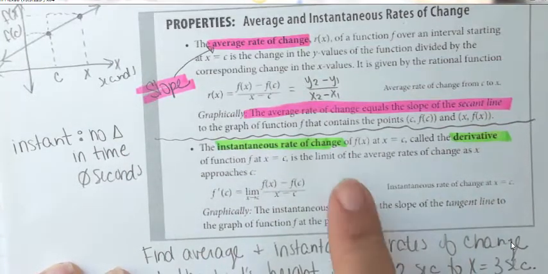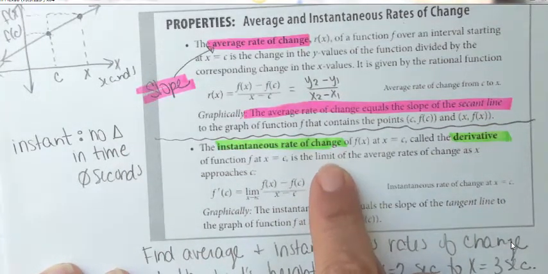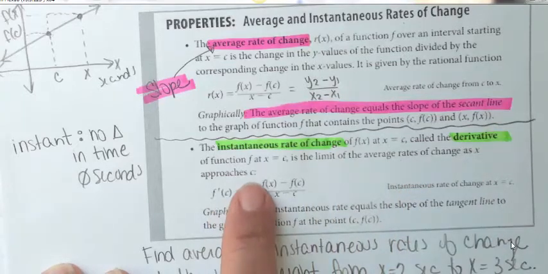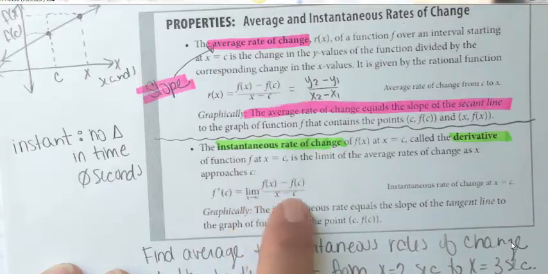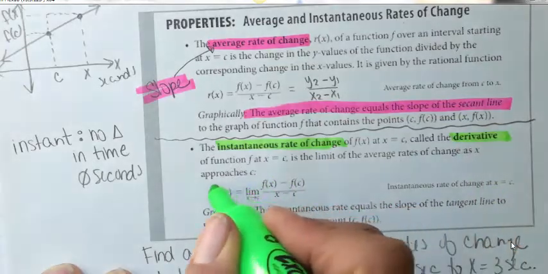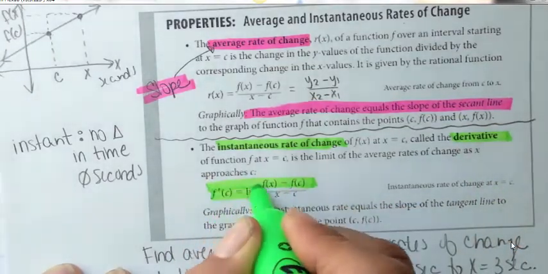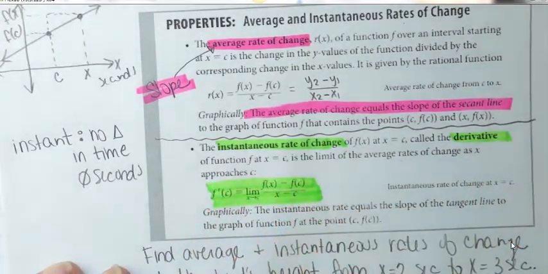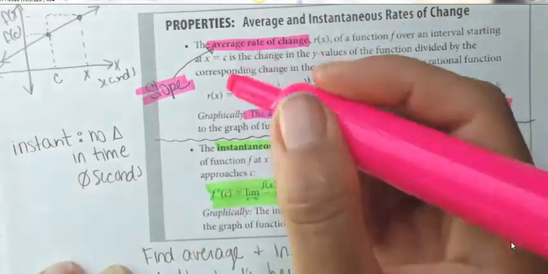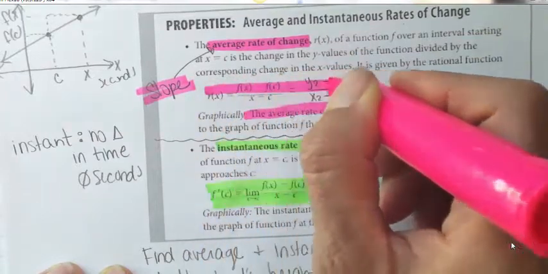And we can find it, we actually can. It's the limit of the average rates of change as x approaches c. So it's this right here. Okay, so it's the limit. I'm going to go back and highlight my pink one too. I'm going to highlight both of these.